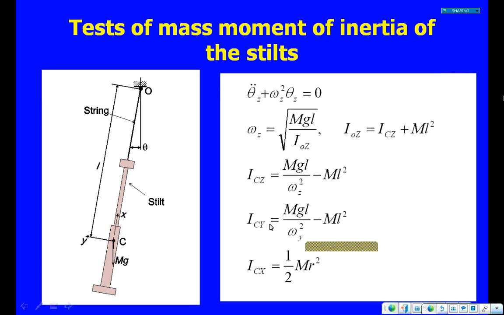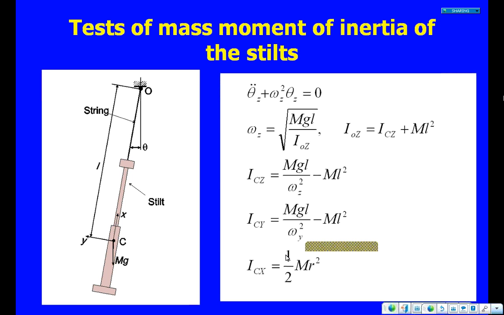For the x-axis, along the stilts' axis, it is difficult to determine directly experimentally. So we estimate it as half m r squared, where R is the radius, which you can estimate from the dimensions of the stilts. Usually this term has a very small value compared to the other axes. We know during the motion this term is not so significant.